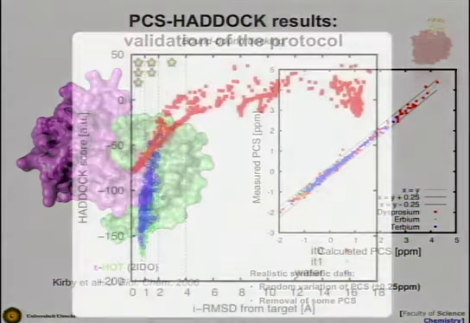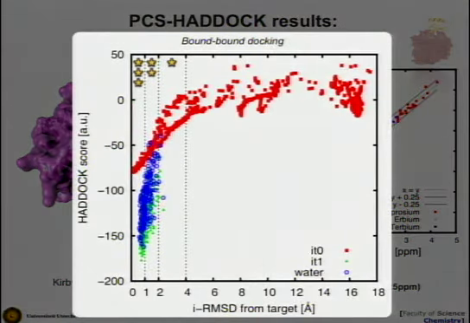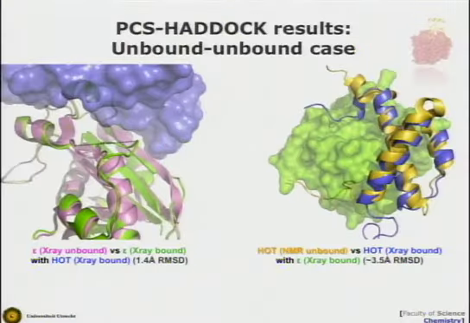So we have 3 sets. If you do what we call bound-bound docking, so you just take the complex apart and try to reconstitute it, which is an easier exercise because there are no conformational changes, you see that you are getting nicely one set of solutions. Again, blue in this case is water. So we are below 1 angstrom in terms of accuracy here. So this is working very nicely.